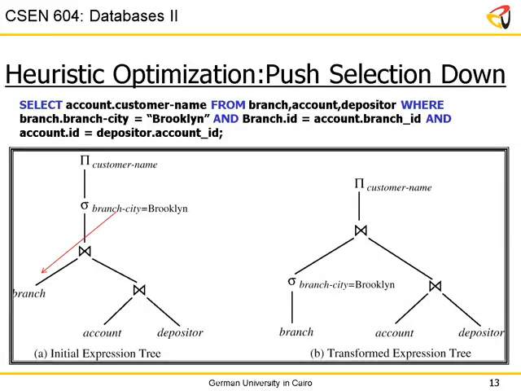So let's look at one at a time. The first heuristic says, push the selection down in the relational algebra tree as much as you can. So let's look at this sample query. It says select account.customer name from branch, account, depositor. So I have three tables. This is probably a banking system: a branch table, an account table, and a depositor table.